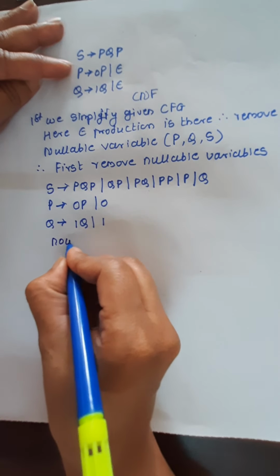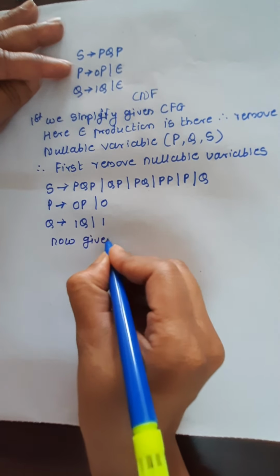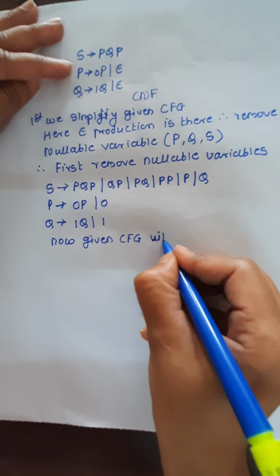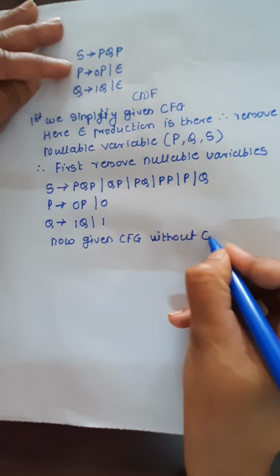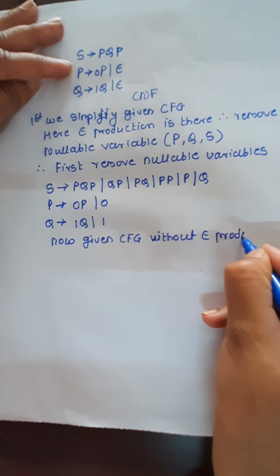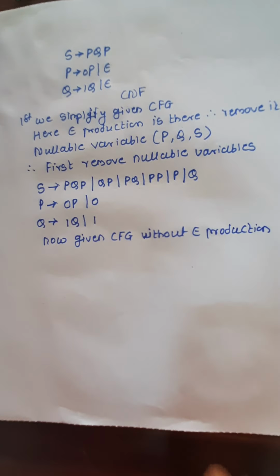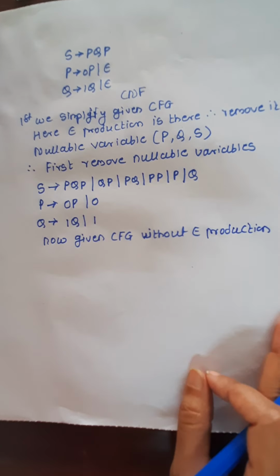So write down here: now the given CFG without epsilon production. Our job is to what? First simplify it. Simplify means what? If epsilon, remove it. If unit production, remove it. If useless symbol, remove it.